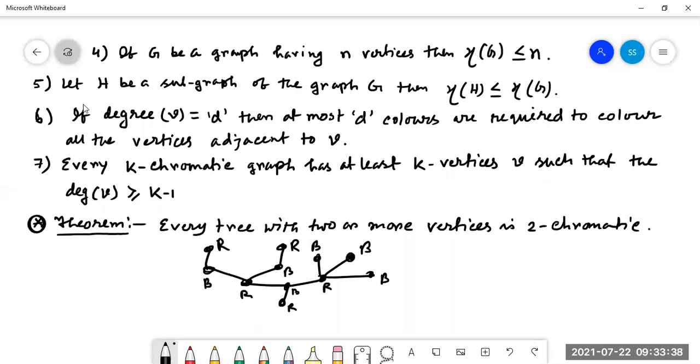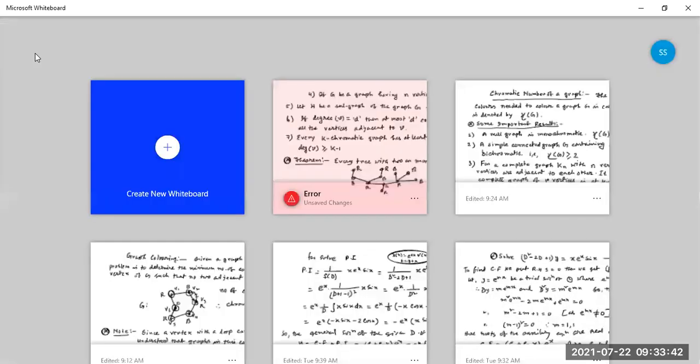Another theorem is there. This theorem is very, very important and it is required to solve any kind of problem of chromatic number.